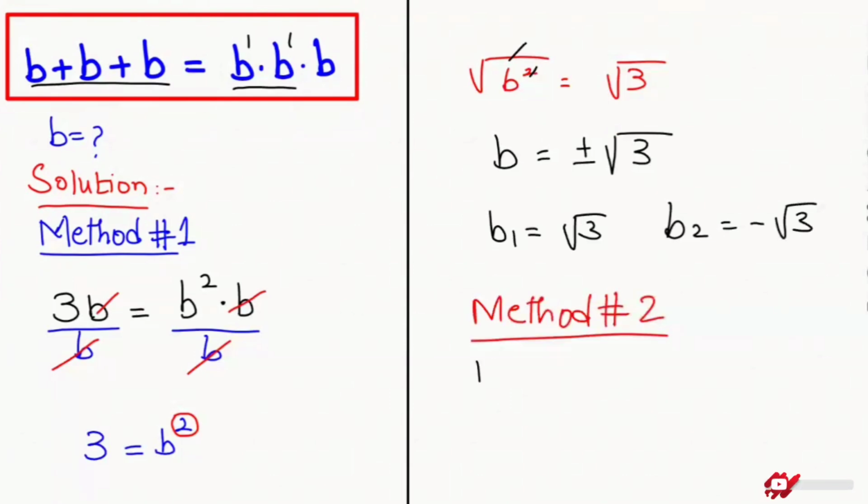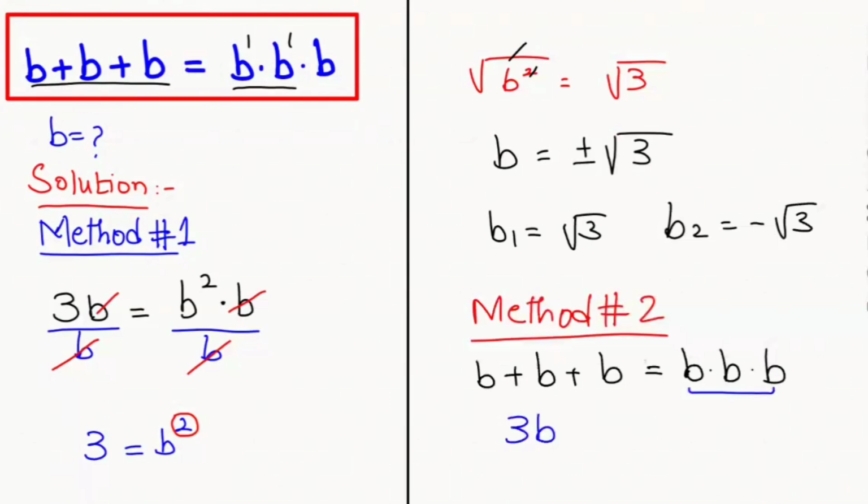For the expression we have, now I will add up the same variable, 3b, but here I will multiply all the b's, and here we have one power, so I'm going to add up the powers, so b to the power of 3. Now I'm going to take this 3b to the right hand side, so the expression is b cubed minus 3b is equal to 0.